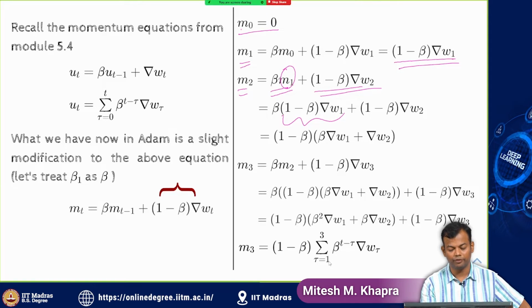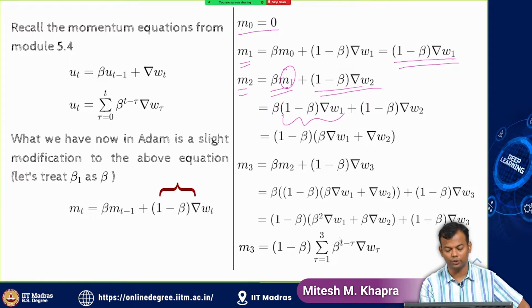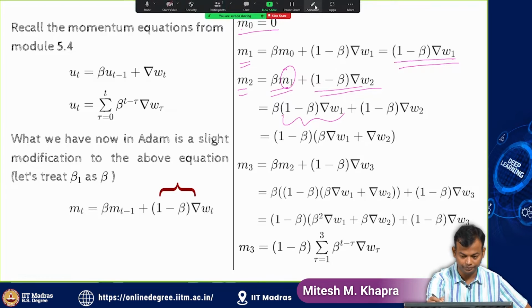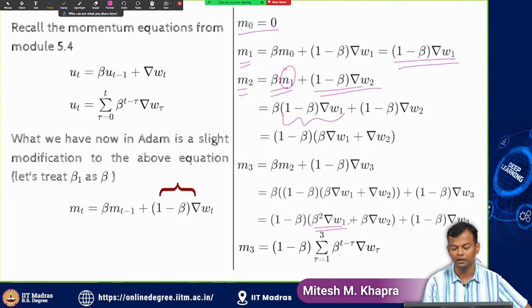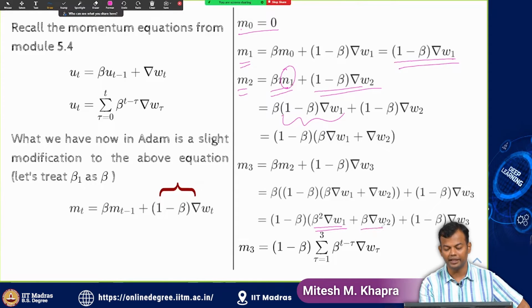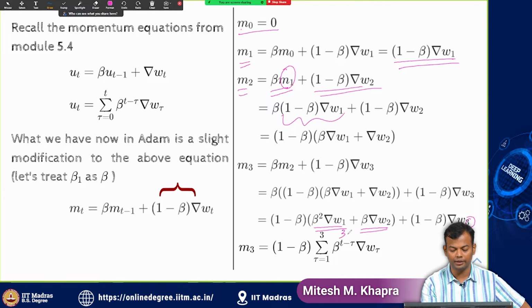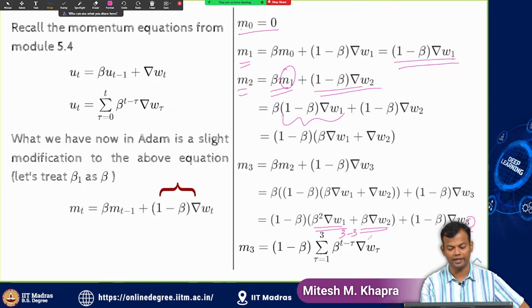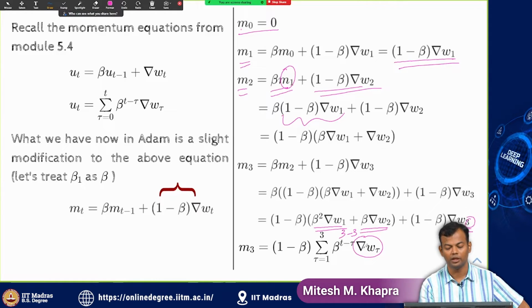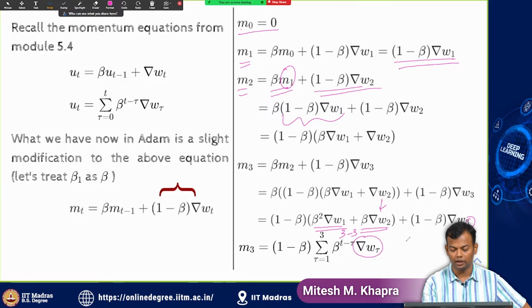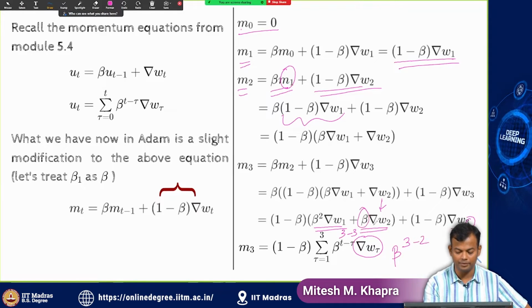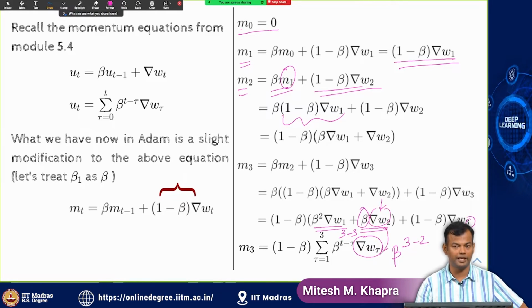Then for tau equal to 1, I have beta square into delta w1, then I have beta into delta w2, and then I just have delta w3. For 3, this would be 3 minus 3, which is 0, so the beta factor would disappear and you'll just have delta w3. For 2, it would be 3 minus 2, so beta raised to 3 minus 2, which is the same as beta, and then you will have the delta w2 here. So this is how the formula has been arrived at.